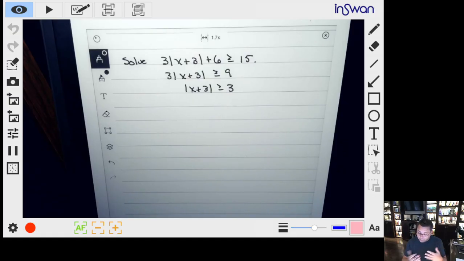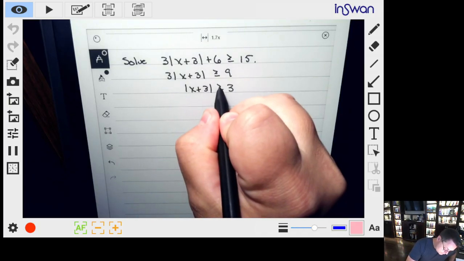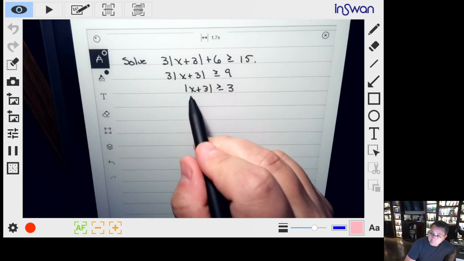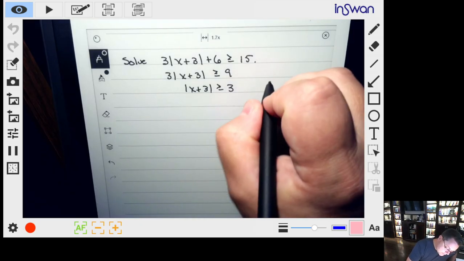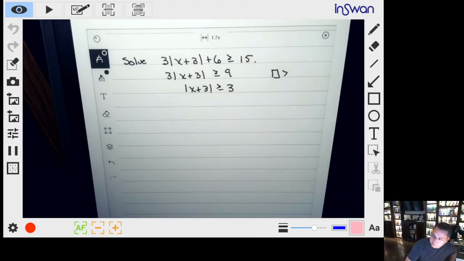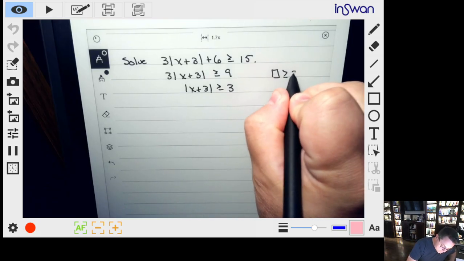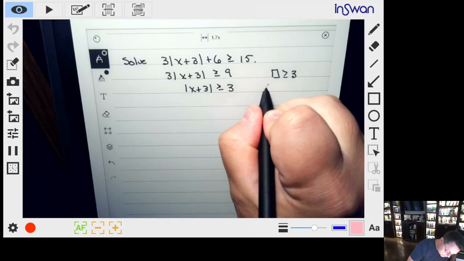Okay, now when you work with inequalities, you have to figure out, is this an and or an or statement? Well, when the inequality is opening up towards my absolute value, that's going to be an or statement. In other words, if I'm looking for all the numbers greater than or equal to 3, well, numbers that are larger than 3 would work, right?